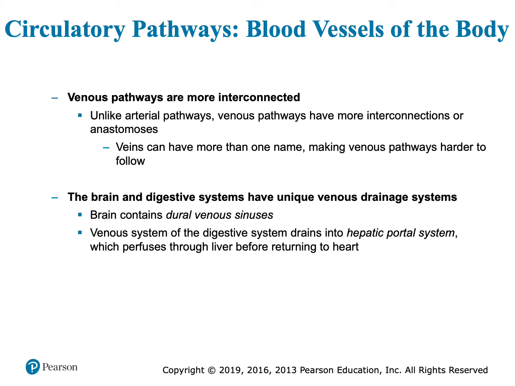With arterial pathways, everybody's pretty much got the same general pathway with rare differences. But venous pathways actually vary a lot between people. You have general areas, but if you've got a vessel in your arm that people usually draw blood from, yours might be a whole lot more lateral compared to your brother or sisters or best friends.